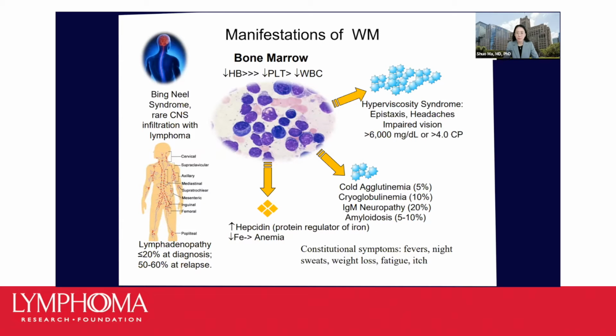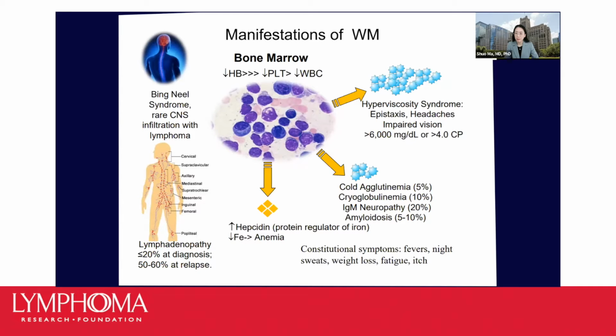Just like other lymphomas, Waldenström can also sometimes affect the lymphatic system, which includes lymph nodes. So it can cause enlarged lymph nodes or an enlarged liver and spleen, even though those manifestations are not as common in Waldenström compared to other lymphomas. Those are the lymphoma-related features of Waldenström.